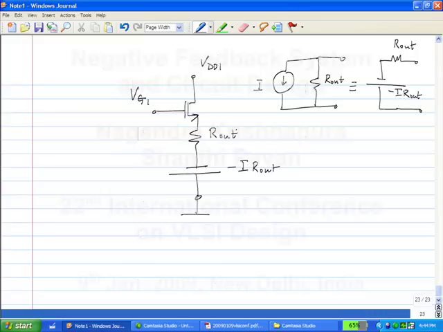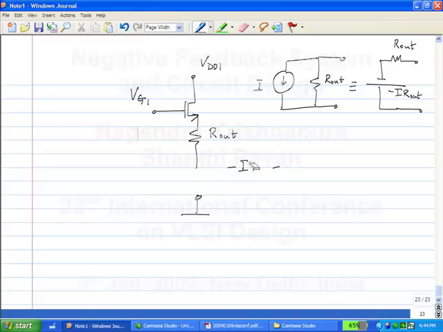This is a drop-in replacement for this guy. And if I make R out tend to infinity, this arrangement will behave like an ideal current source. Is that clear?